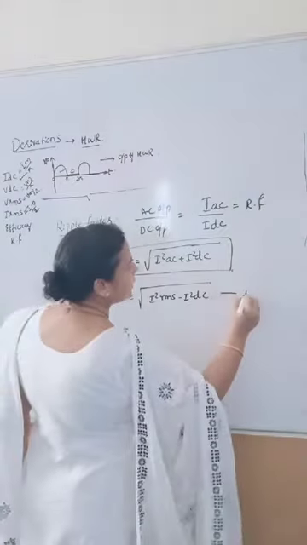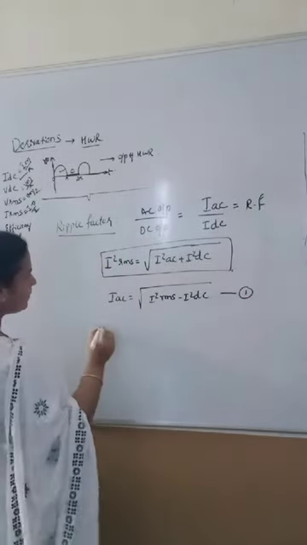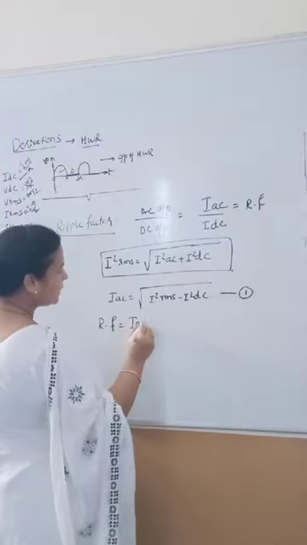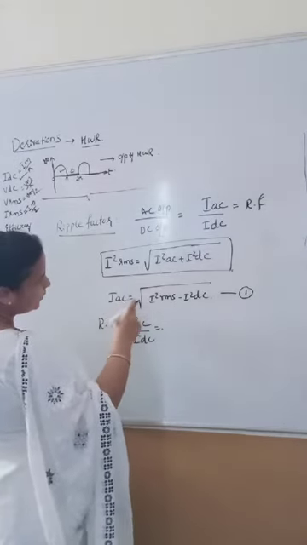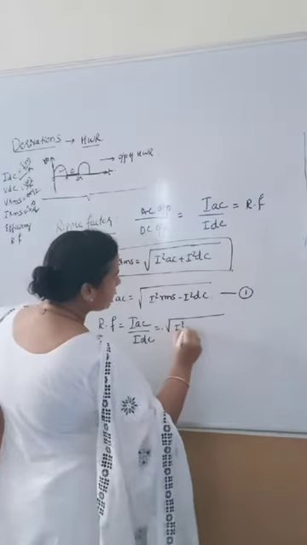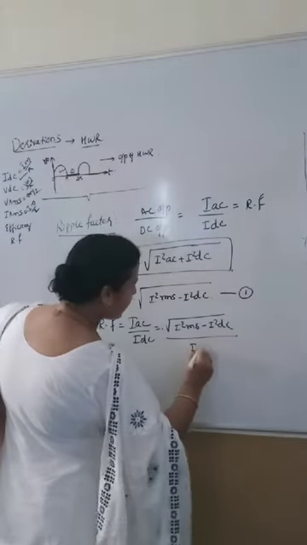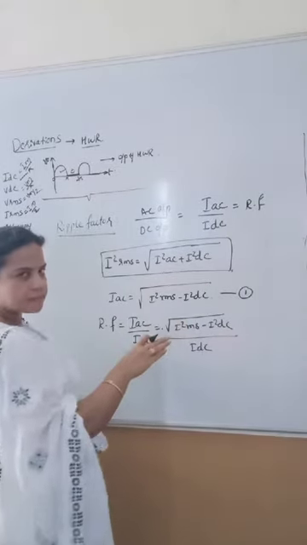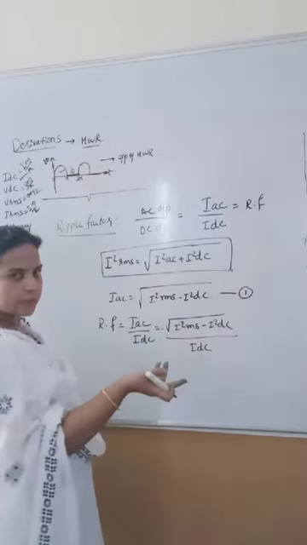This IAC, if you take this as equation number 1, you are going to substitute here for the ripple factor. So ripple factor is equal to what I have, IAC by IDC. What is IAC? I am substituting the IAC value here. That is going to be root of I square RMS minus I square DC, whole divided by IDC. Now take this IDC inside, it becomes I square DC, because if you take it under a root, I square DC means it is going to be IDC only.